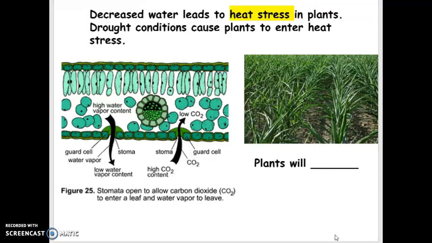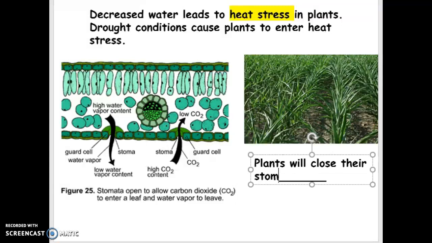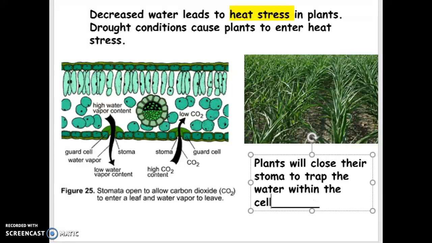So when plants start moving towards heat stress because of lack of water, what they're going to do is close their stomata, or stoma, to trap the water within the cell. So plants are afraid of losing that water.